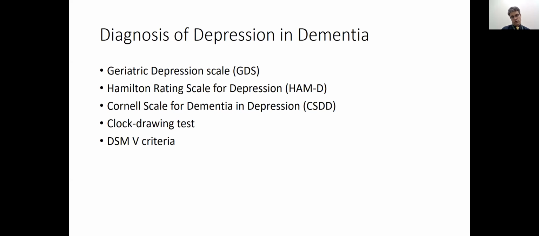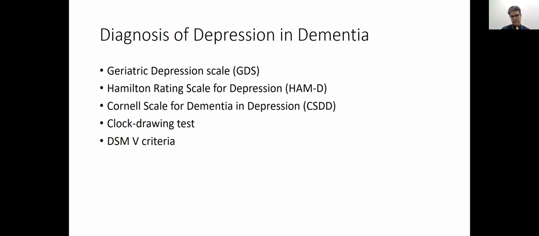And then you'll see that used in a lot of the studies. If you're looking for how you treat depression and dementia, you'll see the Hamilton Rating Scale for depression being used to help understand how that is being affected. The Cornell Scale for Dementia and Depression, or CSDD, is also very effective.